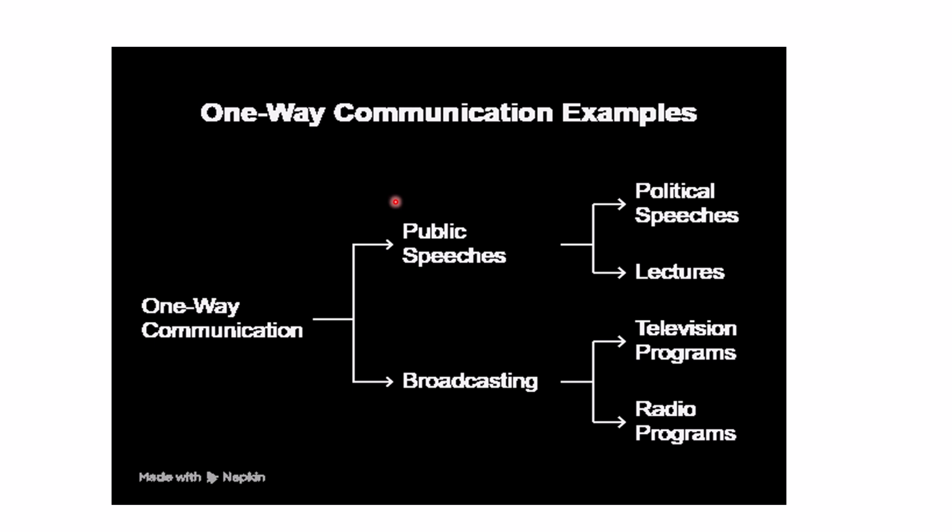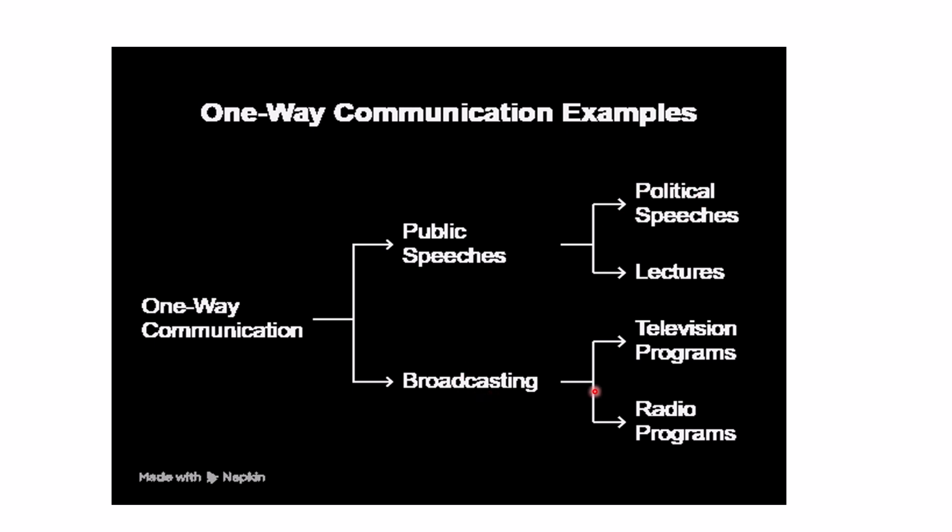This is a chart showing examples for one-way communication. Public speeches and broadcasting. You see political speeches, lectures. There is no feedback from the audience.